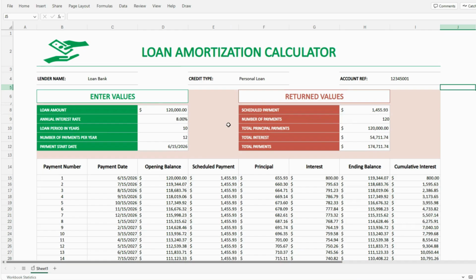We actually have one at the moment which accommodates up to 20 credit agreements, but that one calculates the term for you based on the loan amount, interest, and the payment. So you put the loan balance, and then you put the annual interest rate, and then you also stipulate the payment that you are paying every month.